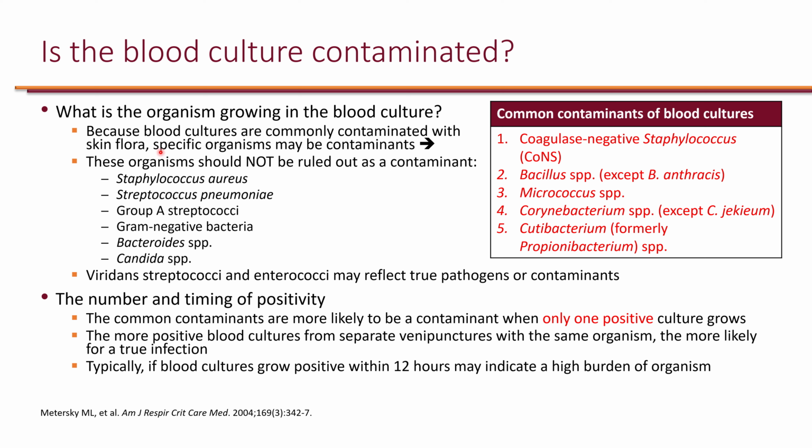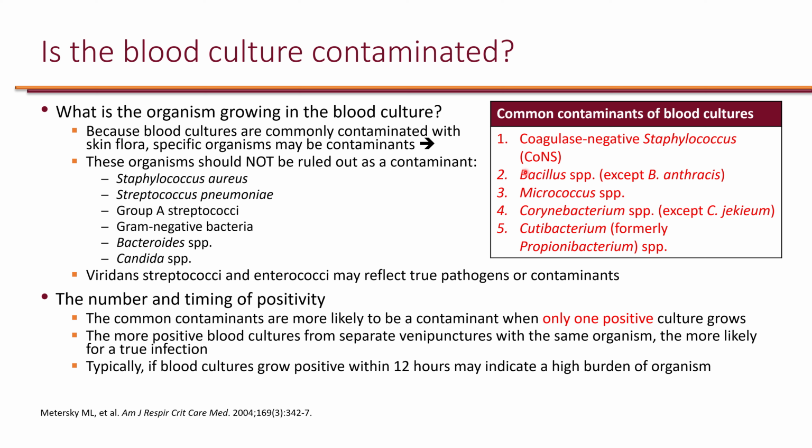Now, let's discuss contamination of blood samples. Because blood cultures are commonly contaminated with skin flora, specific organisms may be contaminants. The most likely contaminants are Coag-negative staph, Bacillus species, Micrococcus, Corynebacterium, Cutibacterium. These are the ones that are more likely to be a contaminant.